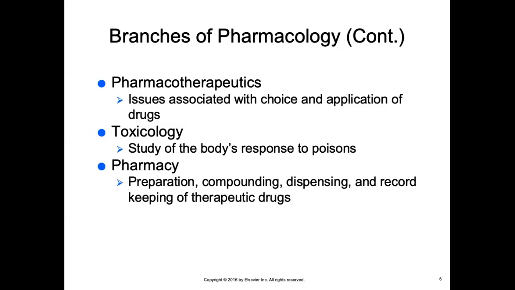We get drugs from a lot of places. Sometimes we just whip them up in the lab. Other times we get them from natural products, study them, and then modify them. Then there's pharmaceutical chemistry, which is the chemical synthesis and modification of new and existing drugs; and biopharmaceutics, which is the effect of formulation of drugs on the pharmacodynamic and pharmacokinetic properties.